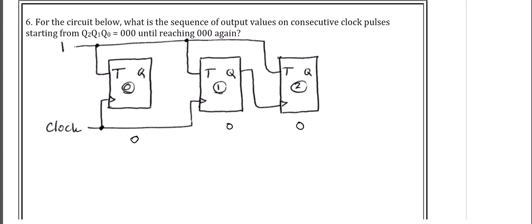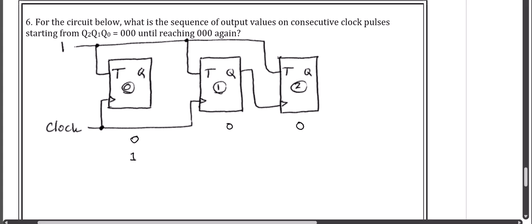And what does a 1 input do to a T flip-flop? It toggles. And so if we start at 0, then on the next clock cycle they'll all toggle because they all have an input of 1.